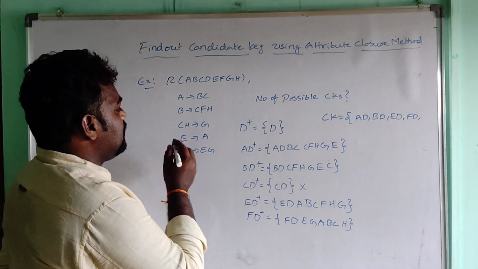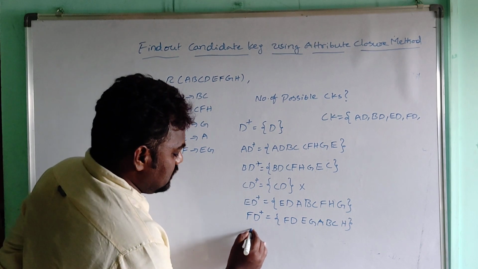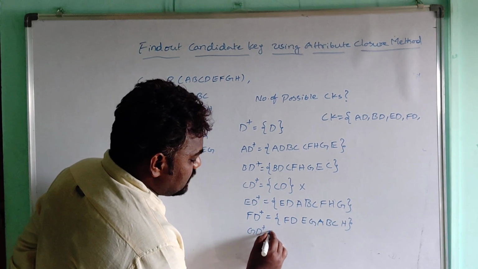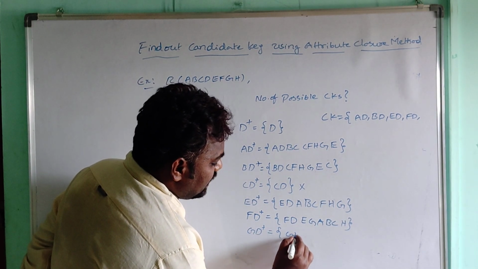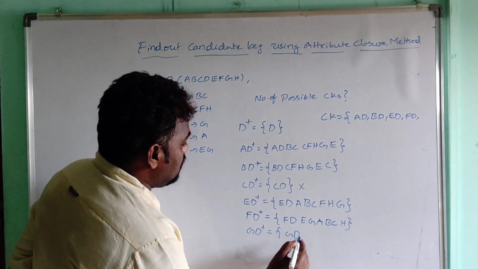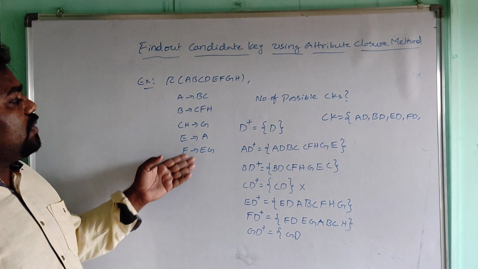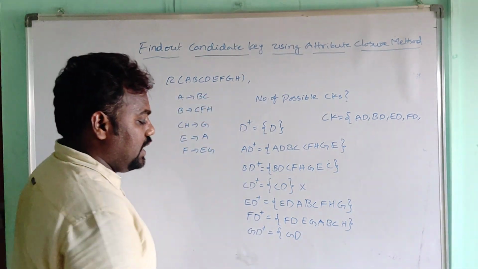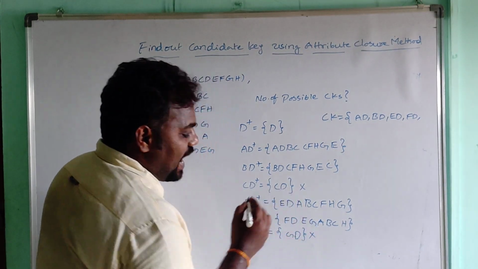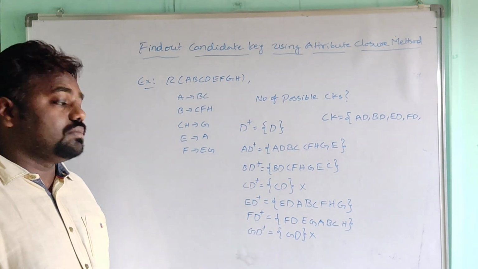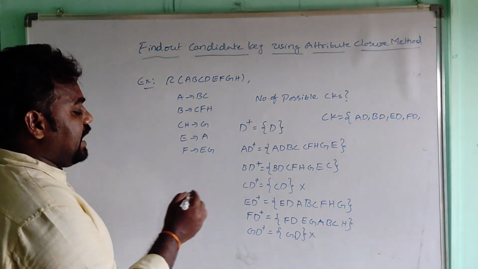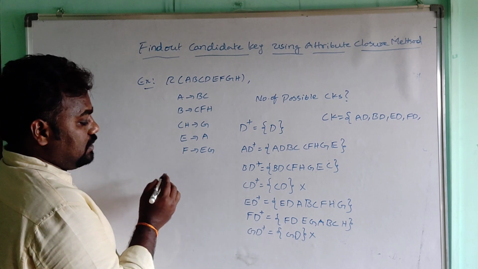Then we will try the next, GD plus. Here GD determines GD. By using G we cannot determine any other elements. This is not a candidate key. Then next we take another combination.